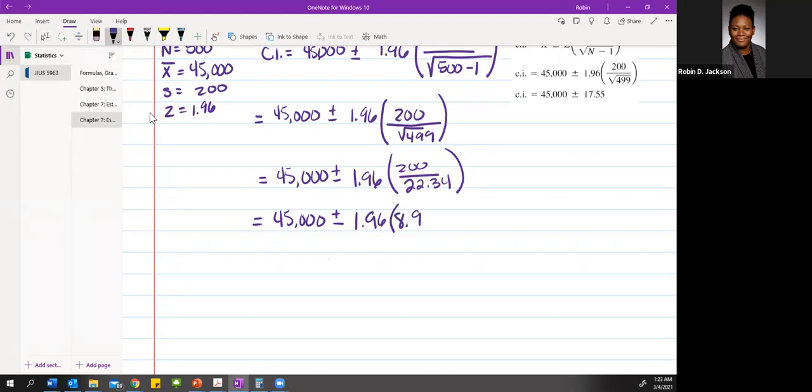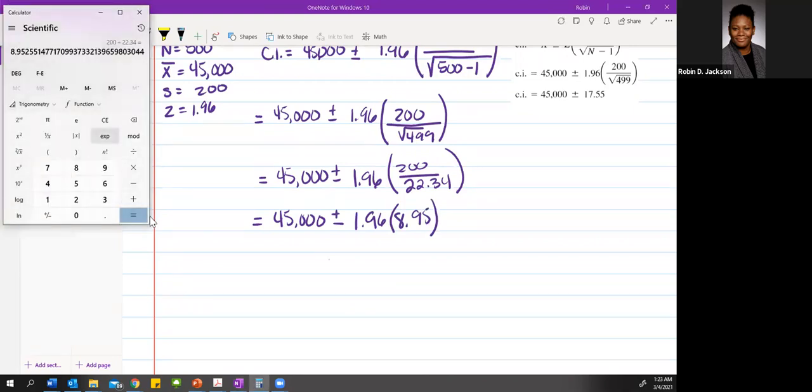So 8.95. Now 1.96 multiplied by 8.95 gives us 17.54.